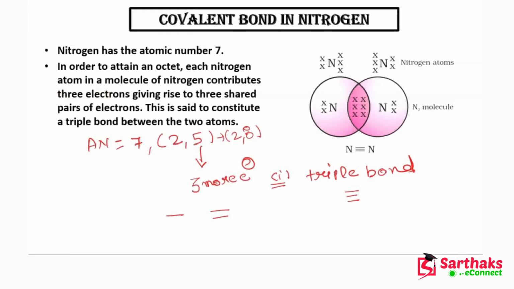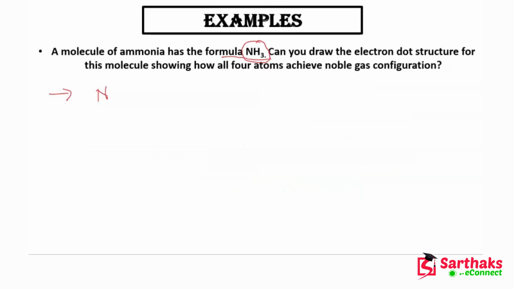Here on this slide, I told you that the atomic number of nitrogen is 7. So the electronic configuration of nitrogen will be 2 and 5. So this nitrogen needs 3 electrons to complete its octet or to achieve the noble gas configuration.